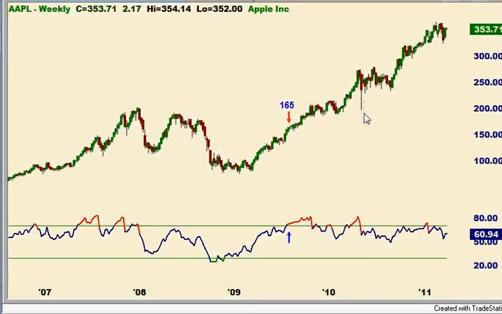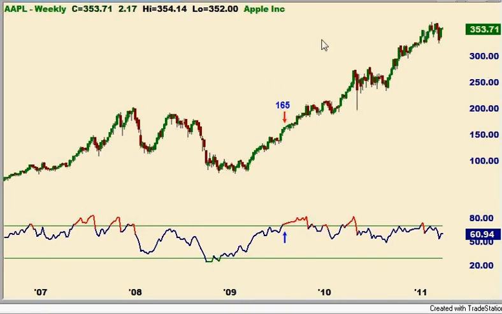I'd also like to bring your attention to the chart of Apple. I have read online that folks are using the RSI as some kind of significant indicator. If you were using the weekly chart on Apple and you were looking for a sell signal on the recent move off of the 2009 low, you would have gotten short approximately at 165.